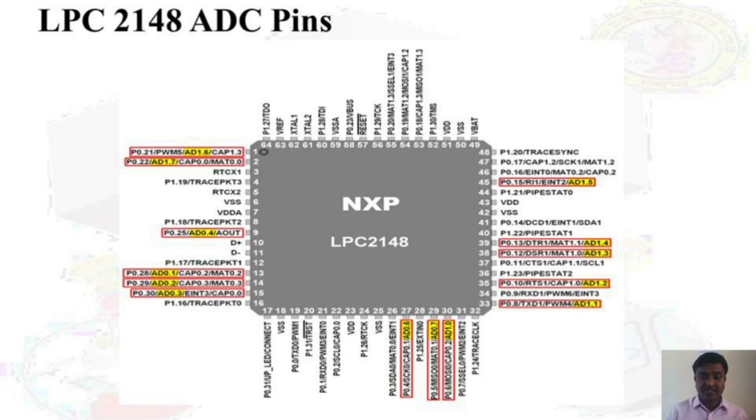Here we have AD0.1, AD0.2, AD0.3, AD0.4, AD0.6 and AD0.7. These are the 6 channel pins of ADC 0, and the 8 channels of ADC 1 are AD1.0 to AD1.7, as shown in the figure.